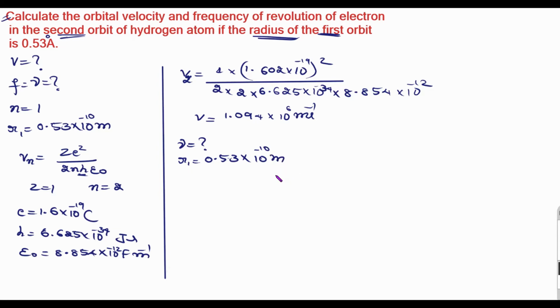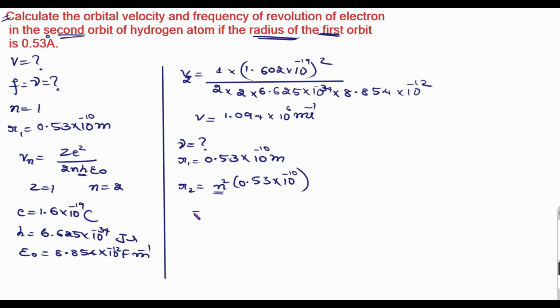Now the radius of the second orbit will be, from the equation, n square into 0.53 into 10 to the power of minus 10, or angstrom.